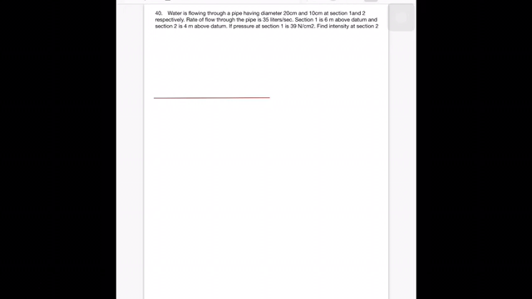Now, they have told that the pipe is having two sections, section 1 and section 2. Let us draw the central line. I've drawn the central line like this because the pipe is having two different Z values. Section 1 is at 6 meter from datum, and section 2 is 4 meter from the datum. So I'm going to mark that also. 6 meter and 4 meter.